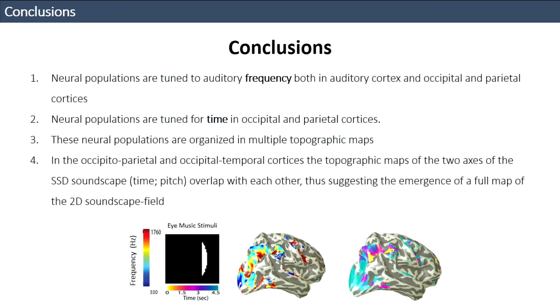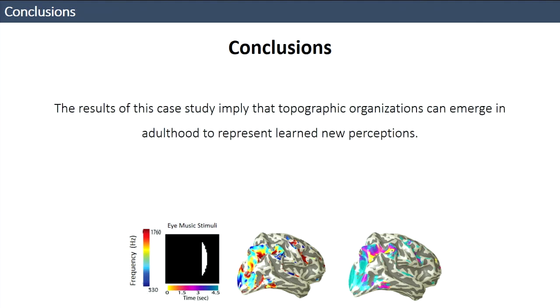Now, the overlap between the map of time and pitch in the parietal lobe suggests that within these maps, MM can identify unique positions in the field, conceptually similar to how we can identify unique positions in the visual field in retinotopic mapping. So these results suggest that topography, which is a fundamental principle of brain organization, is not a fixed principle of brain organization and can also emerge in adulthood after perceptual learning.